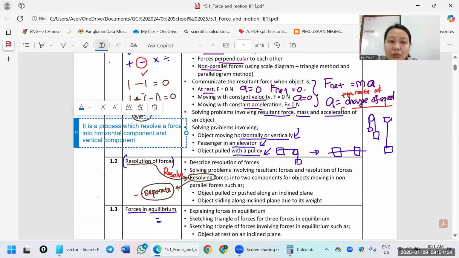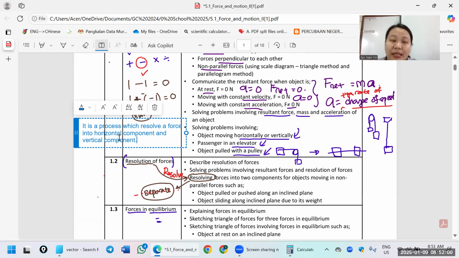Okay, into horizontal component and vertical component. This force is not horizontal, and not vertical.